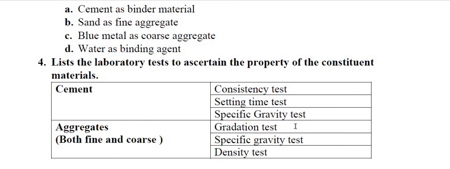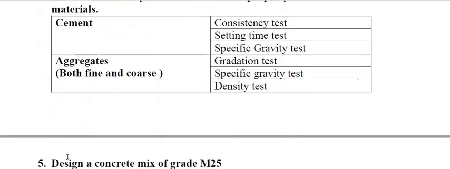Then the specific gravity of both materials is used in the design of a concrete mix, because we are using density based mix design based on our IS code. The IS code used for designing the concrete mix is IS 10262 of 2009, which is also mentioned in the syllabus.